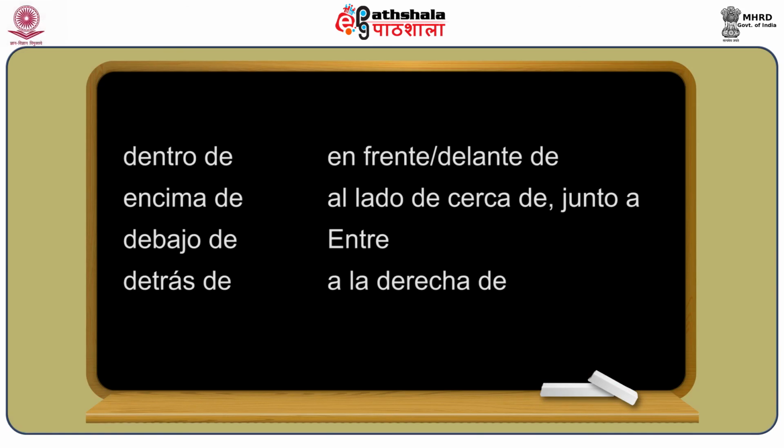Now there are other prepositions of place which are always used with the verb estar, as these prepositions denote location, and these are dentro de, enfrente o delante de, encima de, al lado de, cerca de, junto a, debajo de, entre, detrás de, a la derecha de, a la izquierda de.